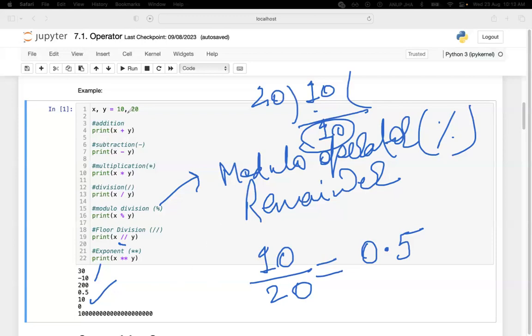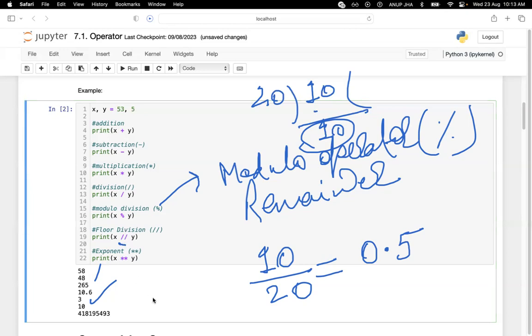Let's change the value here and do it with 53 divided by, let's say, 5, and see what the value of the floor division will be.